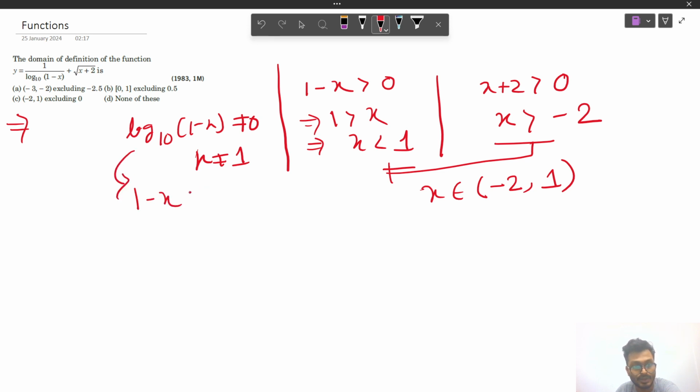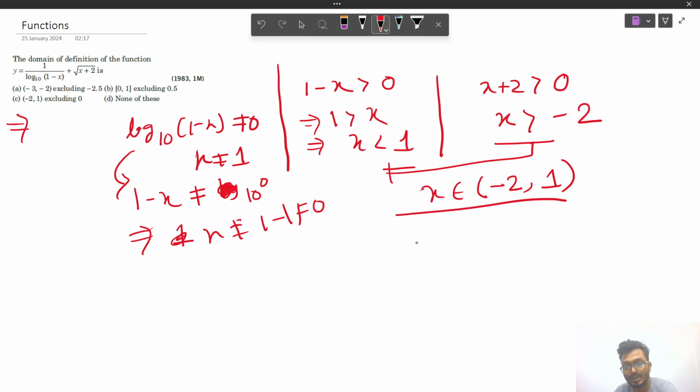We can write this as 1 minus x not equal to 10 to the power 0, so 1 minus x is not equal to 1, that means x is not equal to 0.